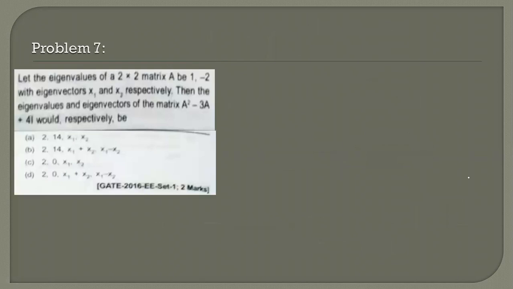Next question is: let the eigenvalues of a 2 cross 2 matrix A be 1 comma minus 2. Corresponding to 1 you have eigenvector x1 and corresponding to minus 2 you have eigenvector x2. Then find the eigenvalues and eigenvectors of the matrix A square minus 3A plus 4I.